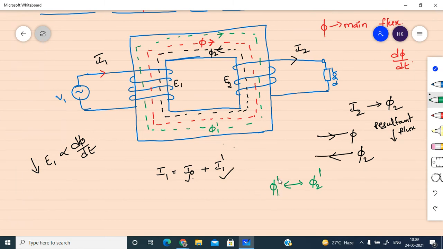So whatever the flux produced, phi 1 dash, that will be equal in magnitude with this phi 2 and opposite in direction. Therefore, these two fluxes will get cancelled with each other. Only the main flux remains in the transformer. So that's why this transformer is also called a constant flux device. Irrespective of the load, whether the load is increased or decreased, the transformer maintains its flux constant in the core.